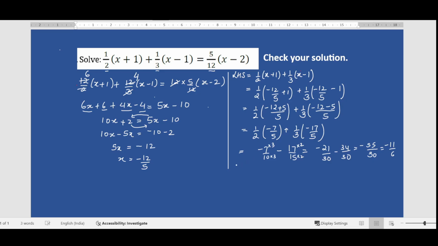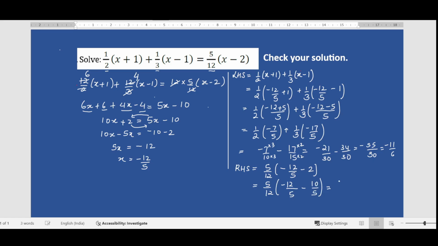Okay, now we'll take RHS. This is equal to 5 by 12 into minus 12 by 5 minus 2. We'll take LCM. So this will give us 5 by 12 into minus 12 by 5 minus 10 by 5.